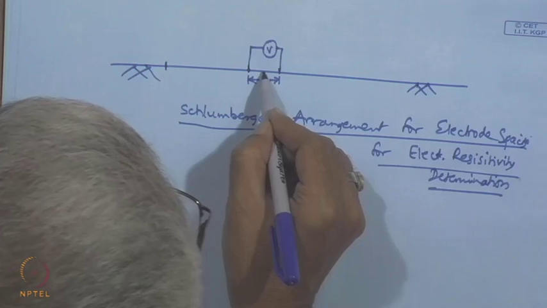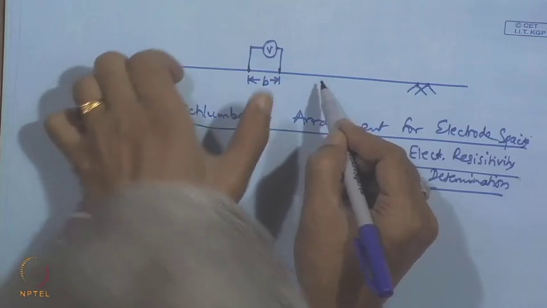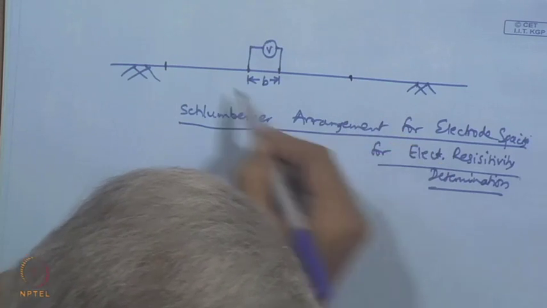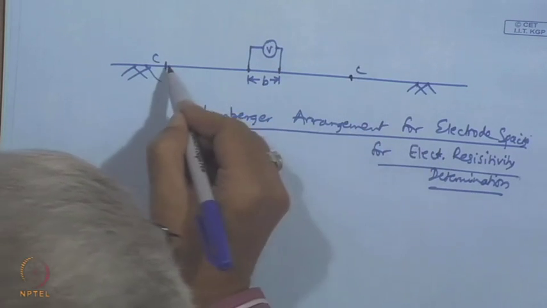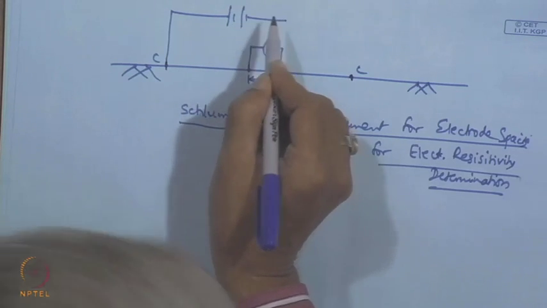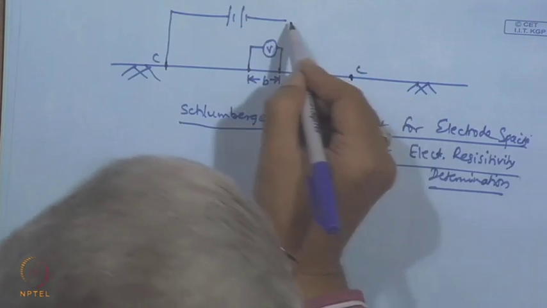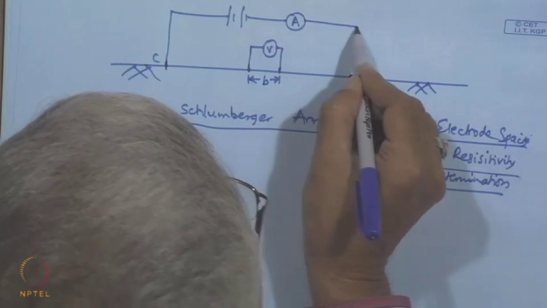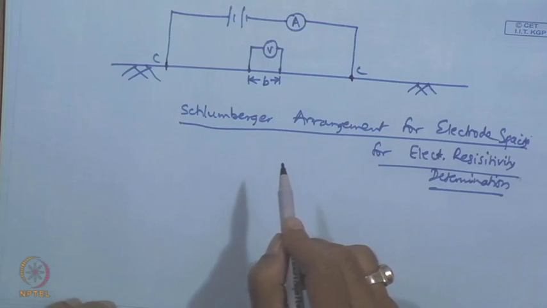Of course, it is again a symmetrical arrangement. So, these are the current electrodes, and there will be a battery source followed by an ammeter to measure the current.